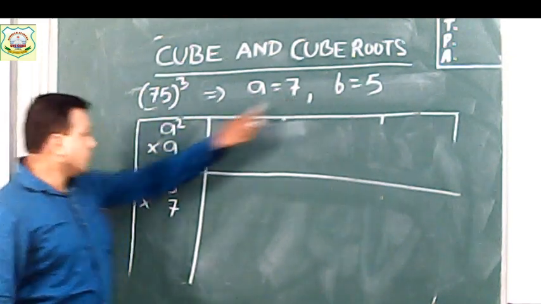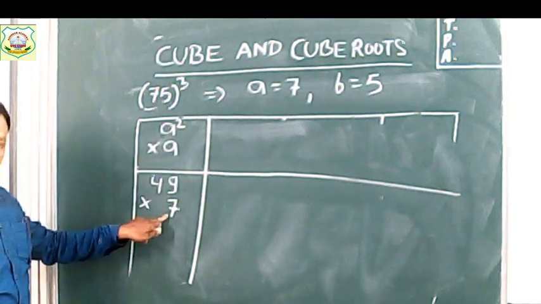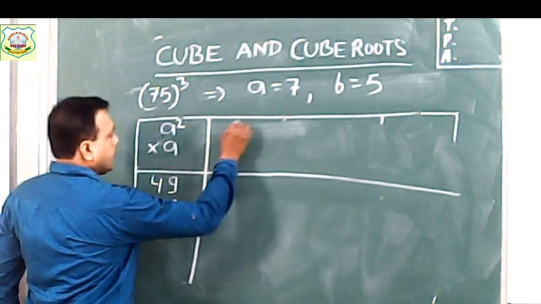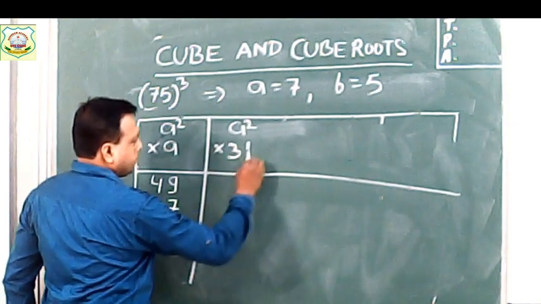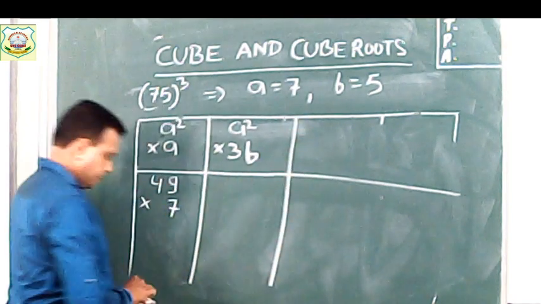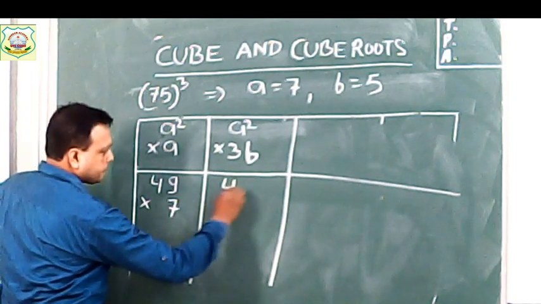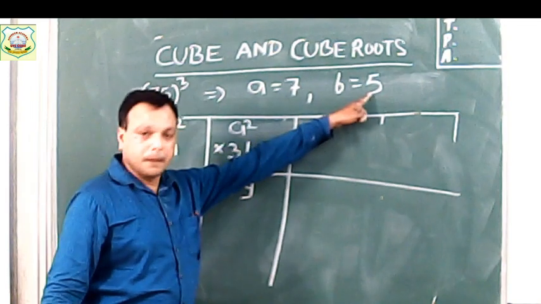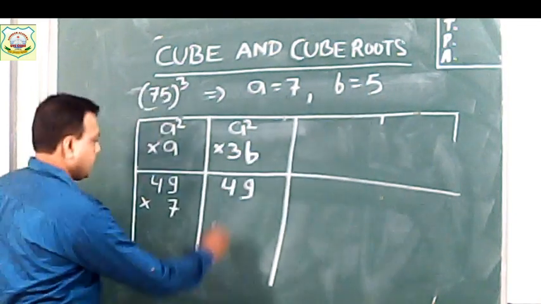A is 7. 7 square is 49. Multiply 7. Clear? Next one: a square multiply 3b. Multiply 3. A square is the same, 49. 3b, 3 into 5, 3 fives are 15.